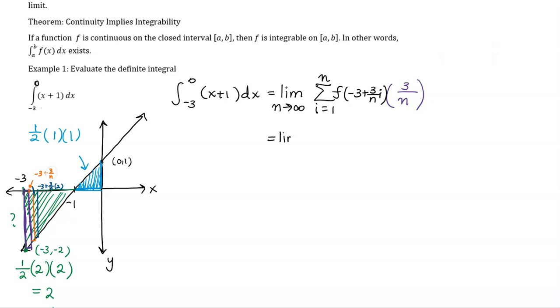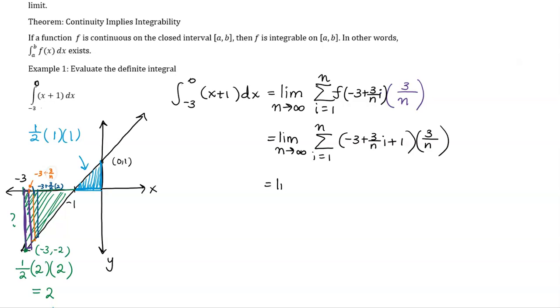So we have the limit as n approaches infinity of the sum from i equals 1 to n. I'm going to go ahead and simplify this expression. Remember, this means take -3 plus 3 over n times i and plug it into the function f, which is this function here. It would give me -3 plus 3 over n times i, plus 1, and we're going to be multiplying that by 3 over n.